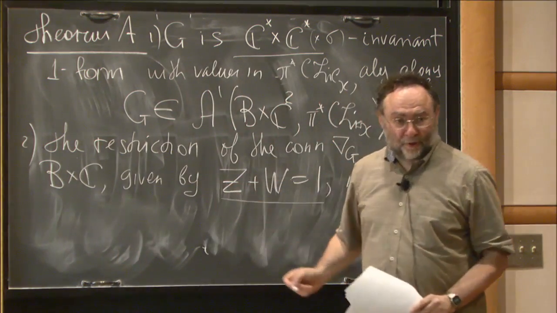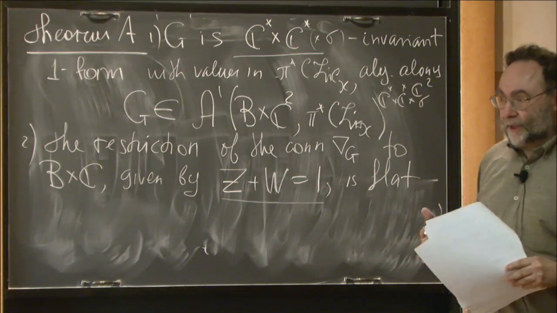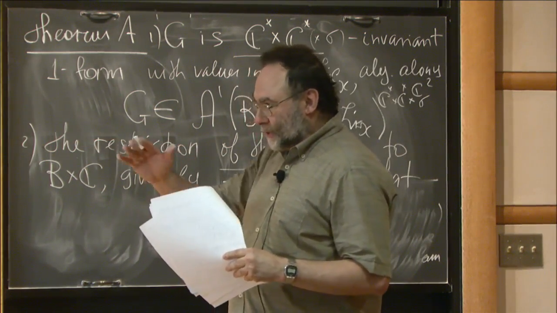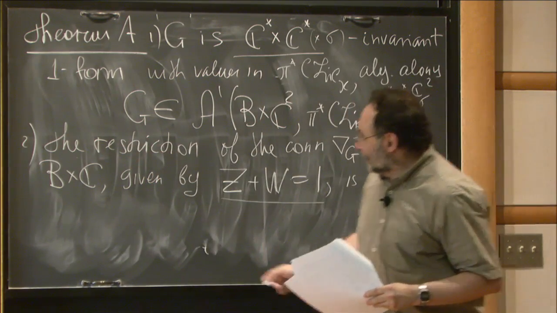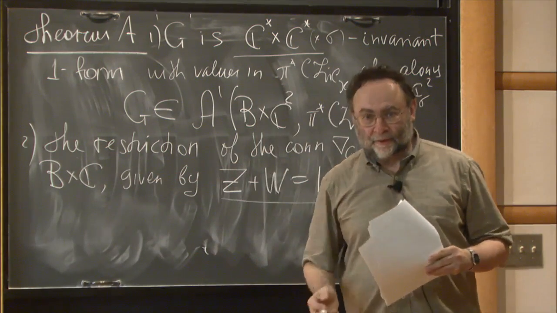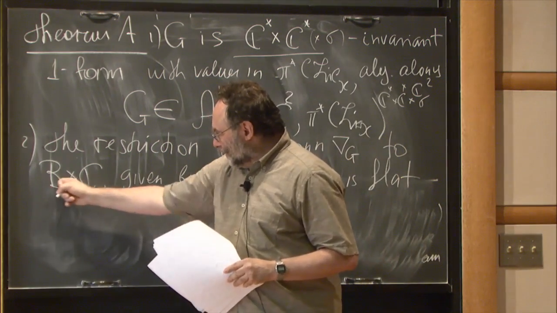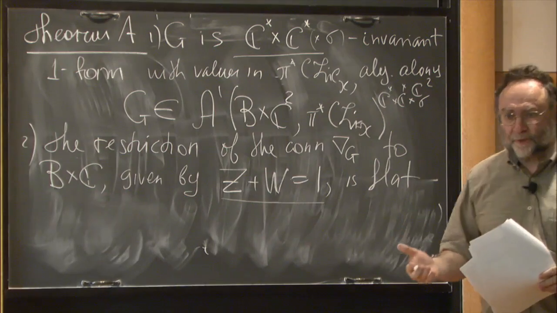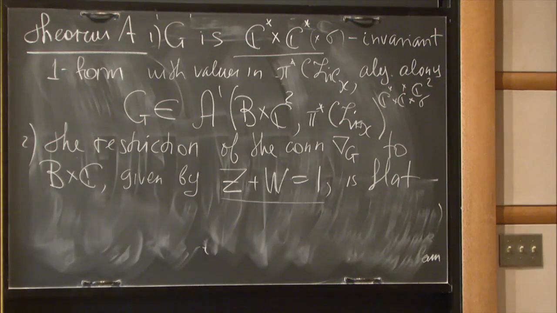In particular, this condition is obviously the Maurer-Cartan equation, because it tells you that the curvature restricted to B cross C is flat, and so it's a nonlinear differential equation, of Maurer-Cartan type, because it's a curvature equal to 0 condition.